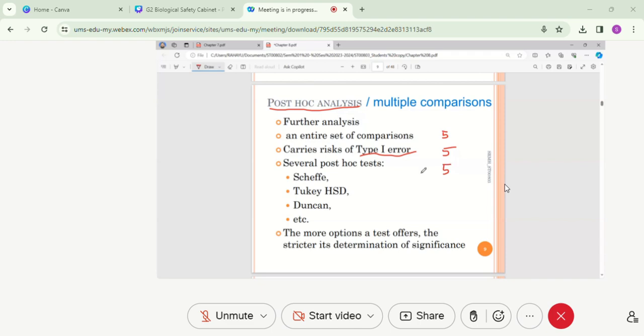The probability of committing type 1 error becomes more and more, so it will increase the risk. That is the reason why we have post-hoc tests, because post-hoc tests can control the risk of type 1 error.